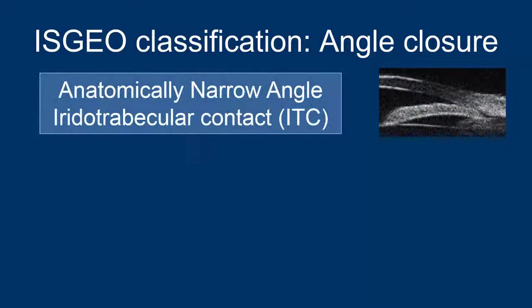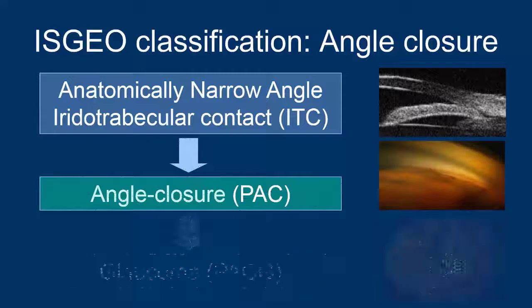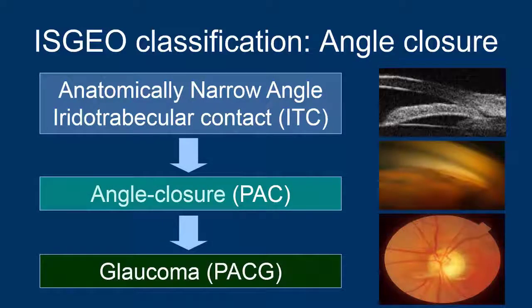Then for primary angle closure glaucoma, the same group came up with a definition, which was quite controversial at the time. And this definition follows what we think is the natural history of the disease. So progressive change from an anatomically narrow angle with apposition between the peripheral iris and the trabecular meshwork, but no other abnormalities.